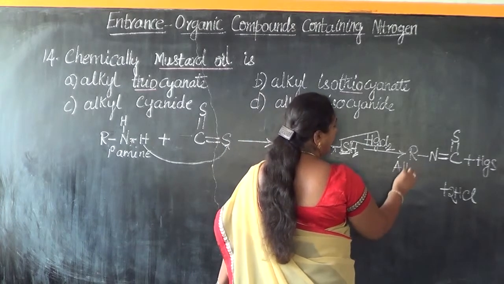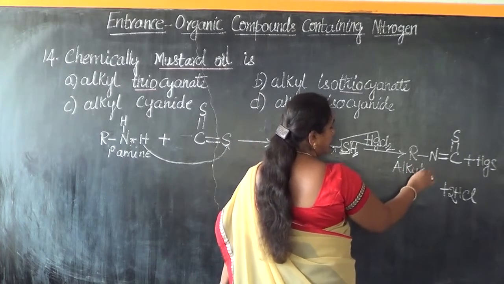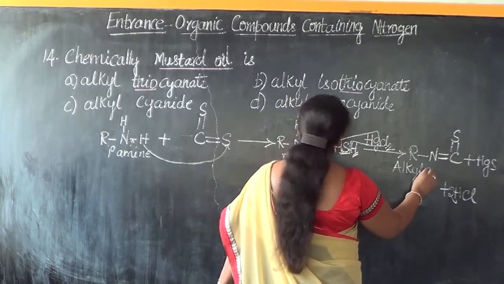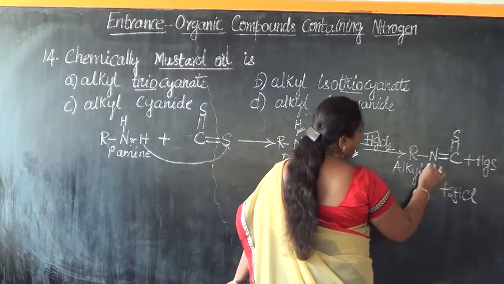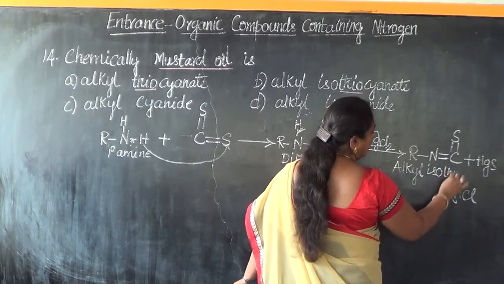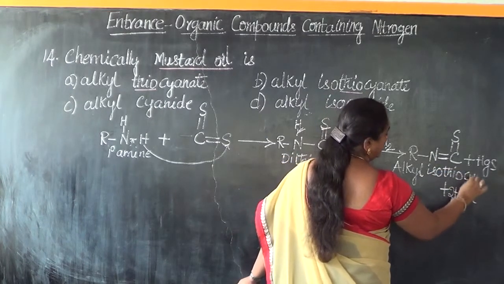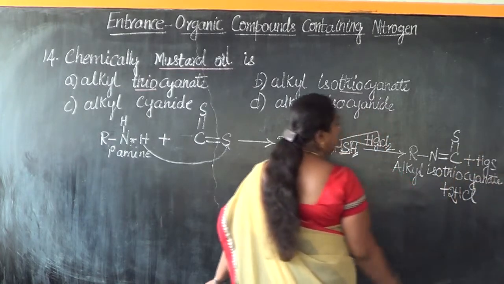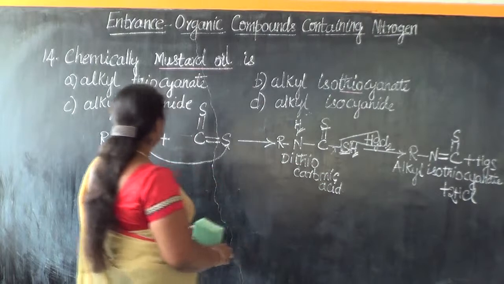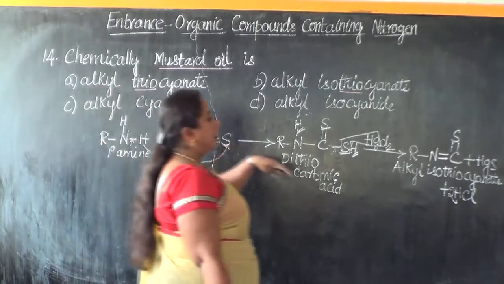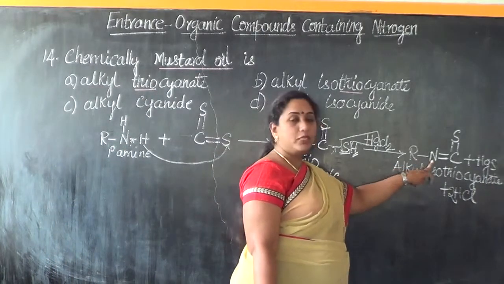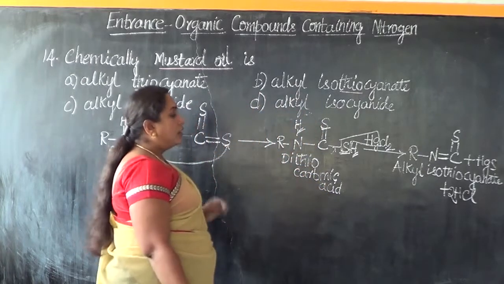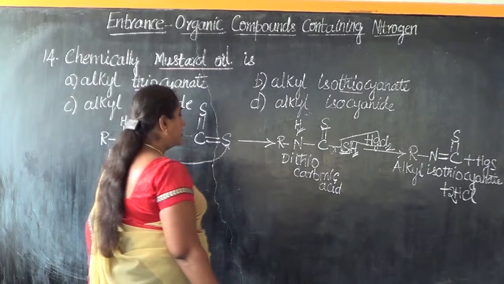R is alkyl, then it is linked with nitrogen, not with sulfur, so N-alkyl isothiocyanate. If it would have been linked with sulfur, this sulfur, then the product will be alkyl thiocyanate, because the linkage with the alkyl group is from the nitrogen, so therefore we call this as alkyl isothiocyanate.